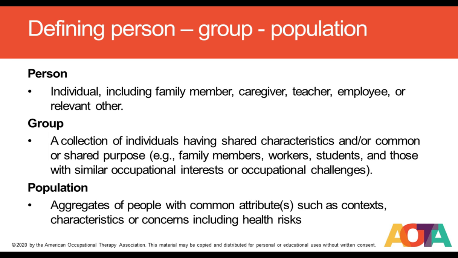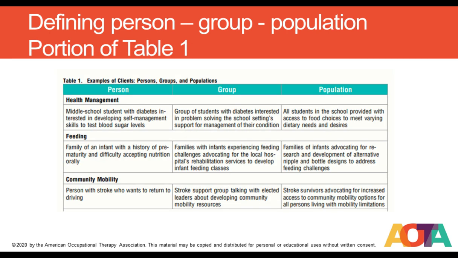People may also consider themselves part of a community, such as the deaf community or the disability community. A community is a collection of populations that is changeable and diverse and includes various people, groups, networks, and organizations. It is important to consider the community or communities with which a client identifies throughout the occupational therapy process.